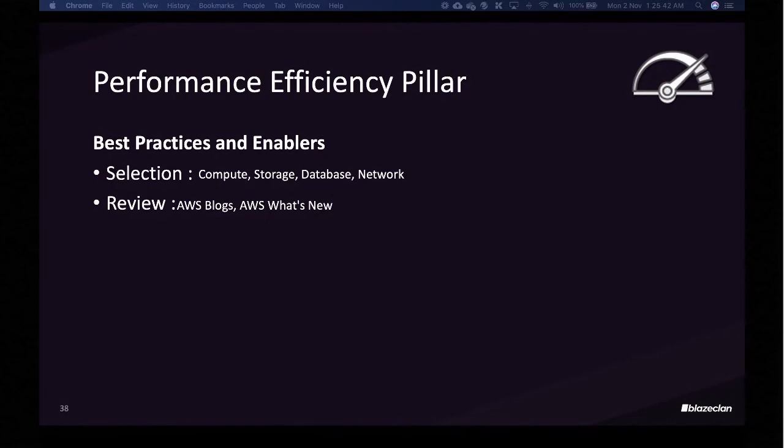A few sources or enablers that are available are blogs and What's New. If not, reach out to any of the leads in your team, or AWS Heroes in the community, or APN ambassadors who are sharing data and working closely with the cloud service providers to bring the best out of it. So I would suggest you do the same.